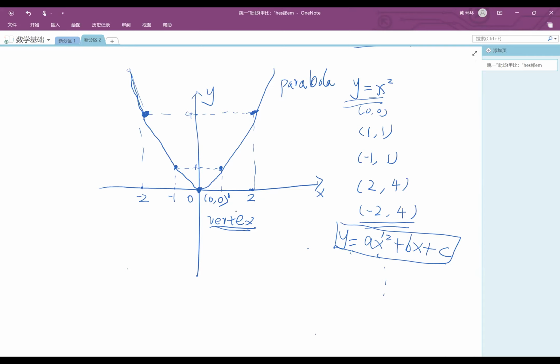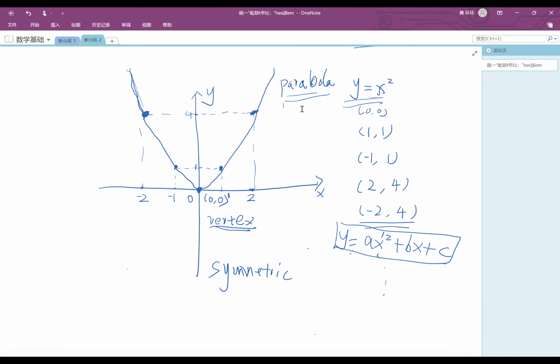This graph is symmetric along the y-axis. So we call the y-axis the parabola's axis of symmetry. Okay, for this parabola, the y-axis is the parabola's axis.